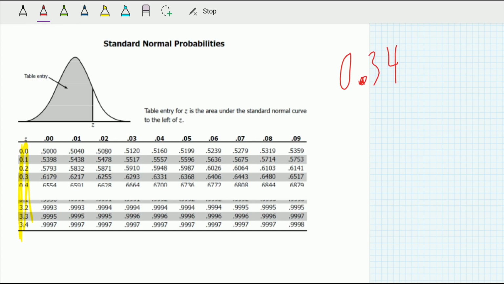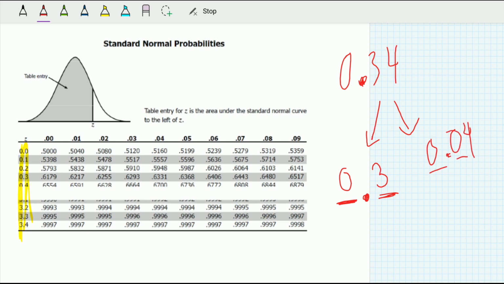And this is what you're going to end up doing with 0.34. This is going to be broken up into 2 sections technically. You're going to do the whole number in the front, the decimal, and then the tenths. So for this case, it's 0.3, and then the hundredths, which is going to be 0.04. So basically, this is going to be 0 all the time, and then you're just going to take the second number and put it there.